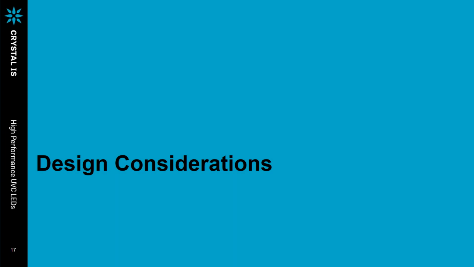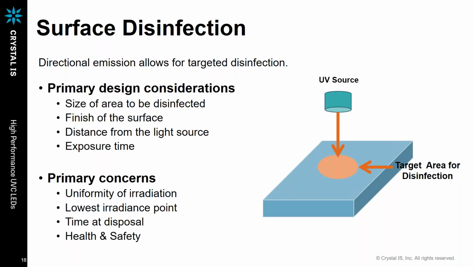Now, some design considerations. I had mentioned the UVC source. It has a directional emission pattern, so you can put the UV source on one side and use the target area for disinfection, as shown in the figure.